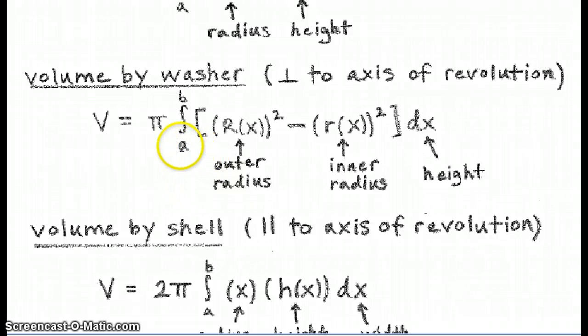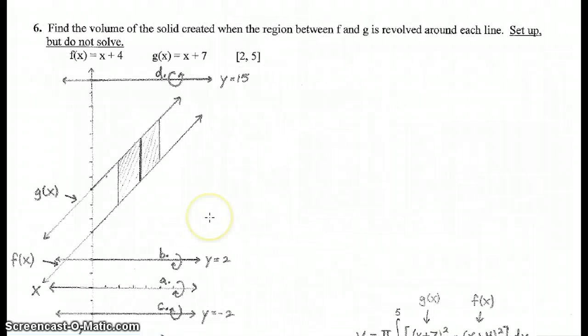All of these regions are from x equals 2 to x equals 5, so we don't have to worry about messing around with the lower and upper limits of integration. But the big thing is we have to decide what our outer and inner radius are. So if we were doing part A, we are taking this region and we're revolving it around the x-axis.